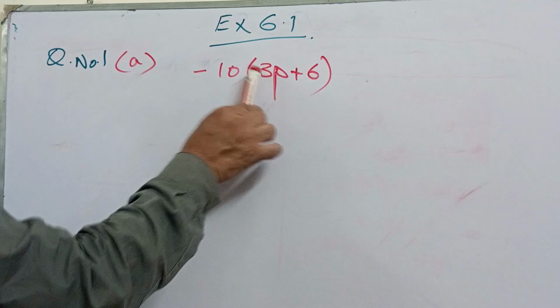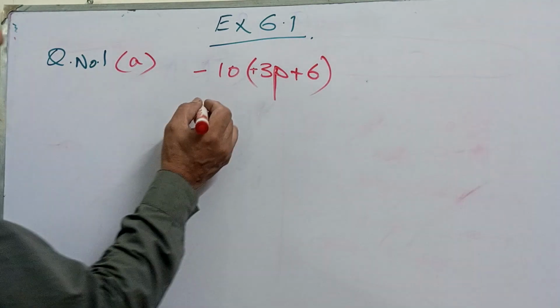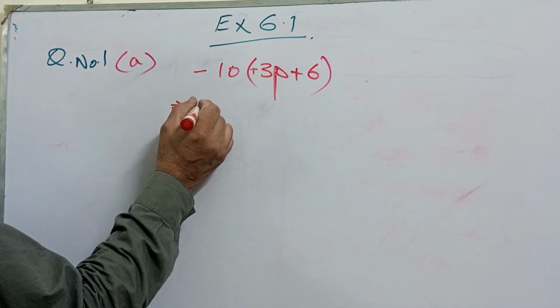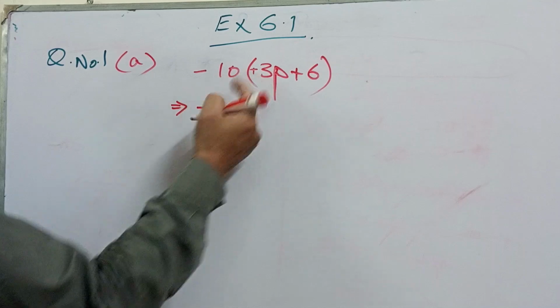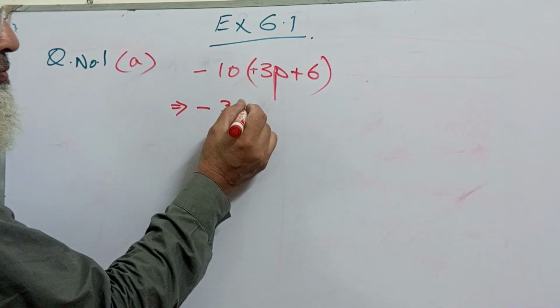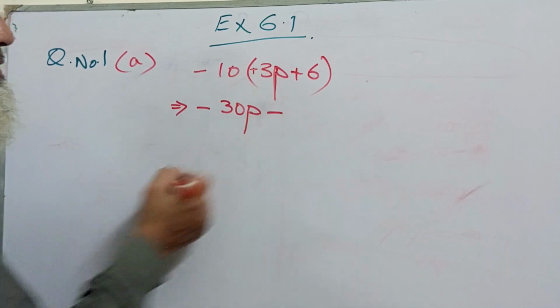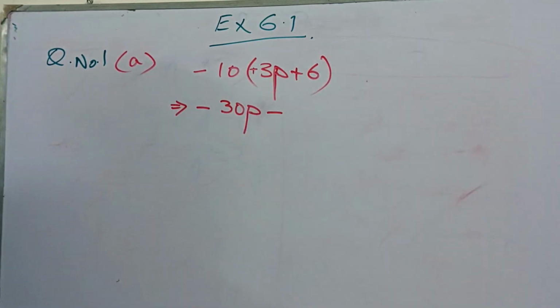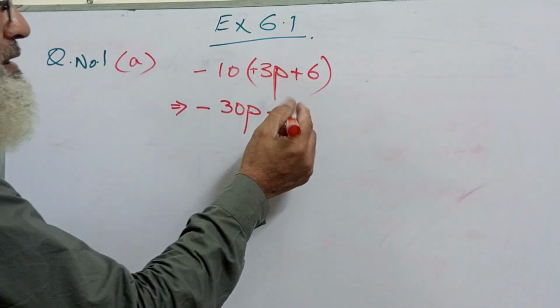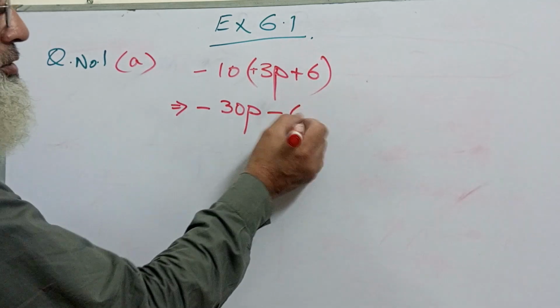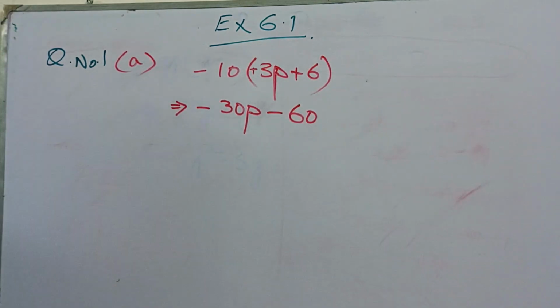So minus multiplied by plus is always minus. I have told you many times. So minus 30p, and then again minus plus minus, and 10 multiplied by 6 is 60. So this is the only answer which I can get from this question.